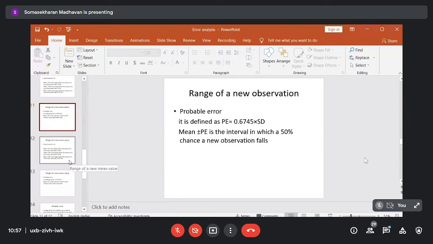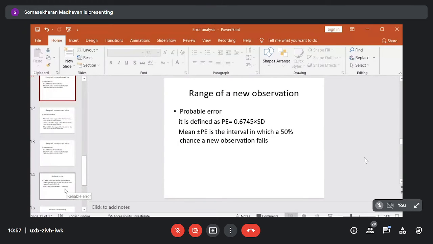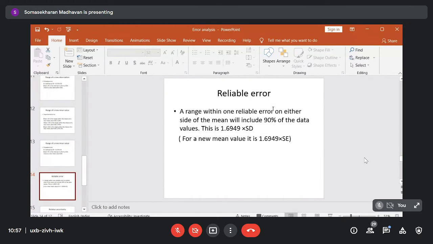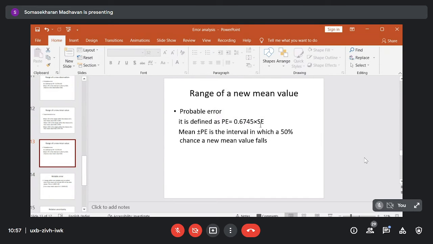But if you have to make inference about the mean value, you should compute it with the standard error. So this interval, mean plus or minus probable error, is the interval in which there is a 50% chance a new mean value falls.